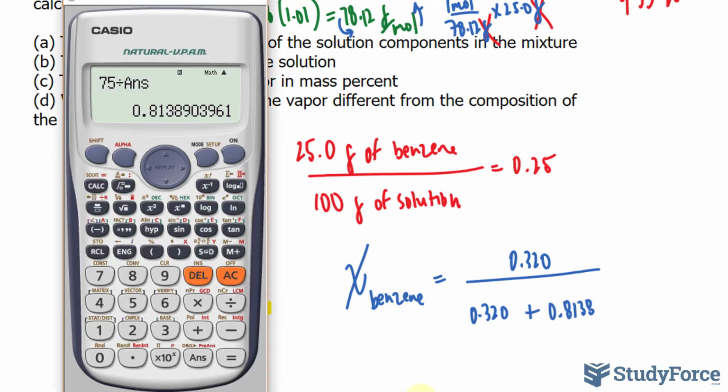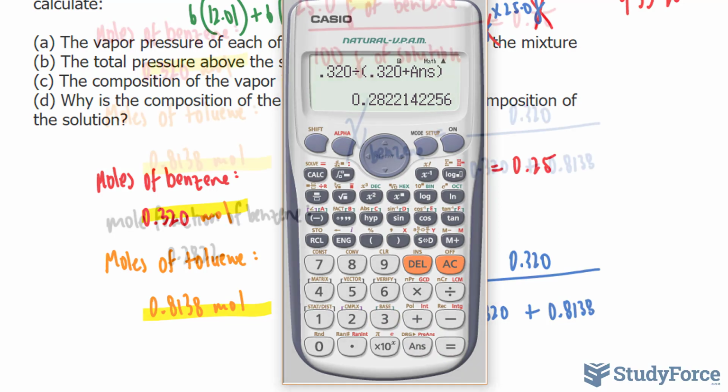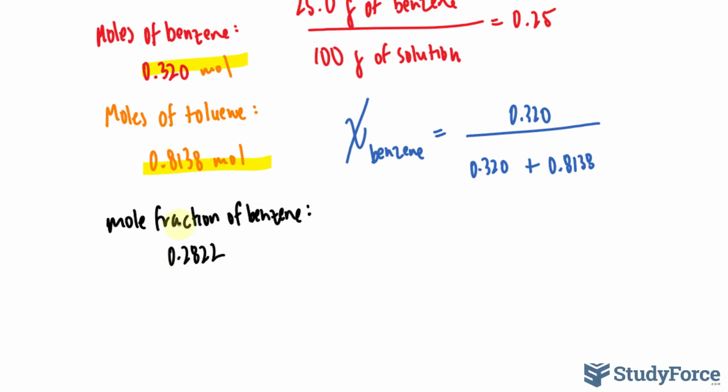Again, using our calculator, 0.320, that's the numerator, divided by, again, 0.320 plus the number that we found earlier. It's already stored in my calculator. This gives us a mole fraction of benzene alone as 0.2822. I've shown that number here, and notice that it is unitless because the units would cancel out.